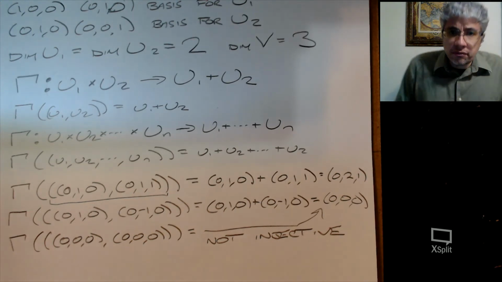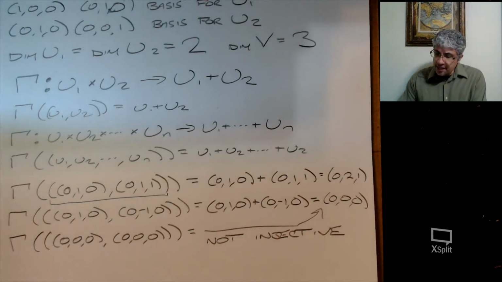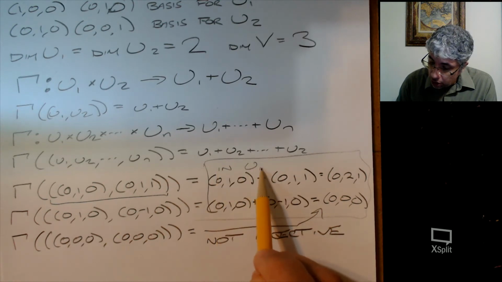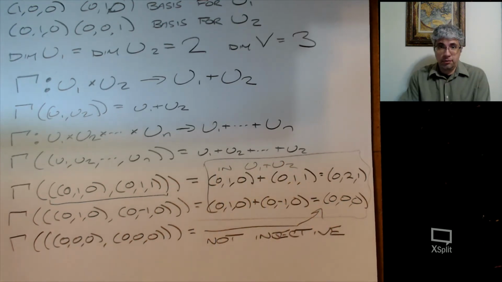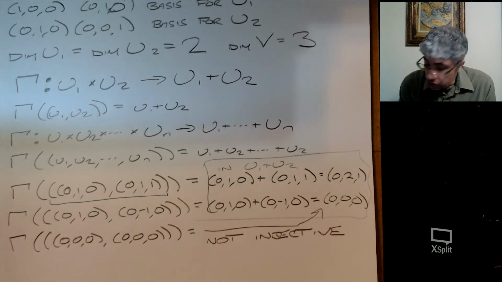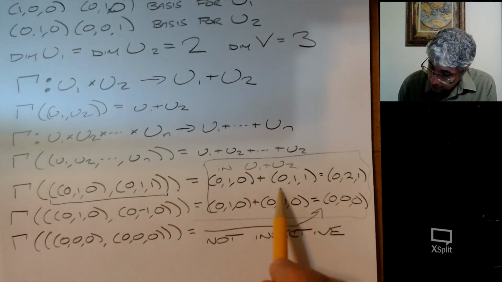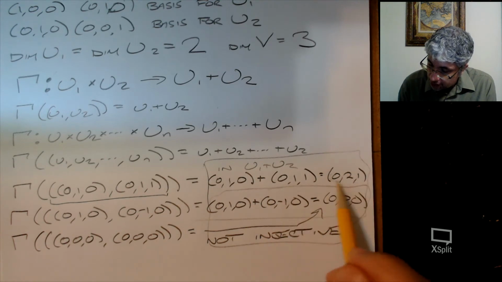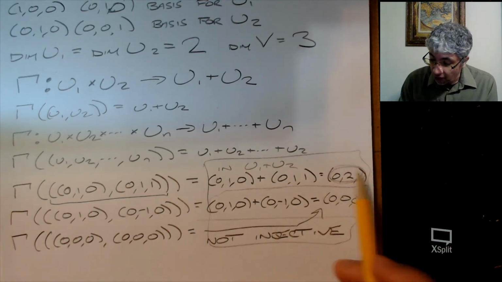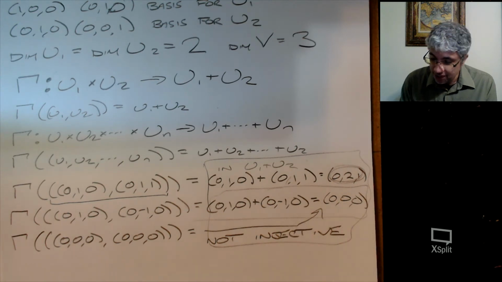But let's think about this a moment. This should have a certain feeling, because this part of it is taking place in U1 plus U2. I don't really care about the (0, 2, 1), but that also took place in U1 plus U2. But I care about the last two.